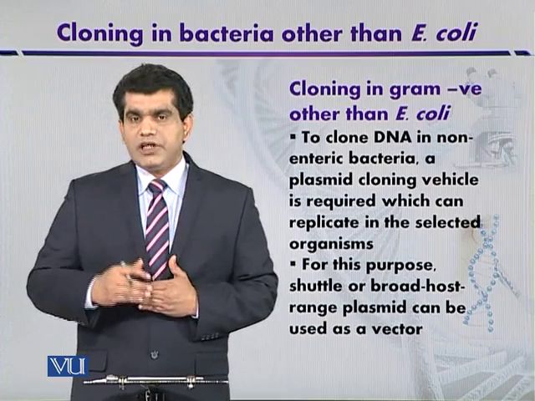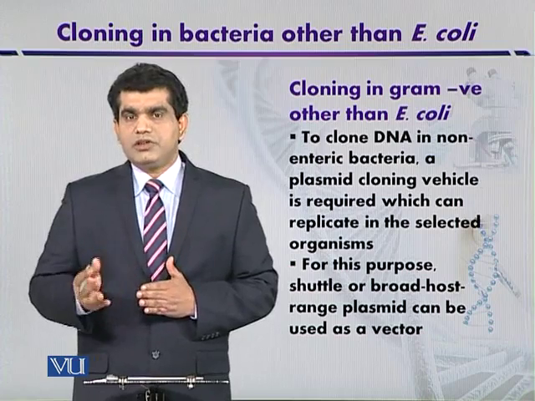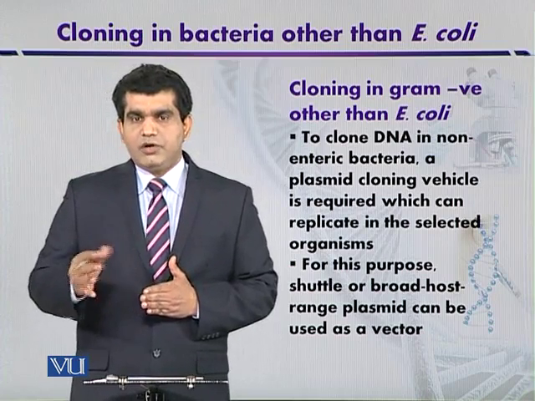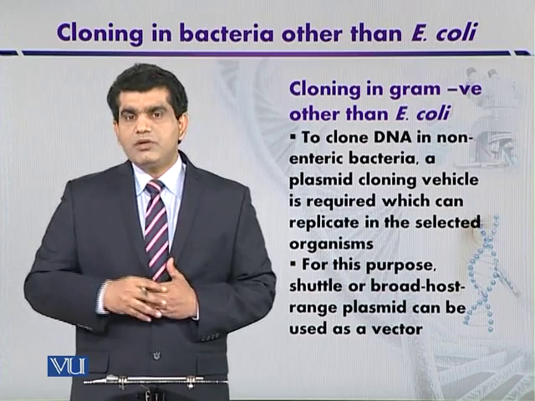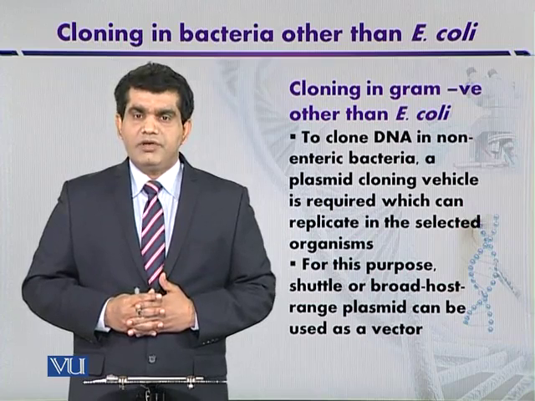Because if we attempt to transform gram-negative microbes by using some natural plasmid, desirable properties with reference to small size, multiple cloning sites, and selectable markers may not be available.